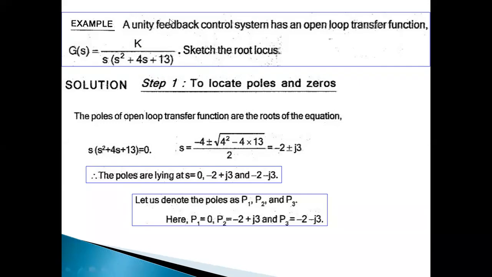Once we get the open loop poles and zeros, we move to the second step. I think you can easily understand this first step: simply taking the transfer function and finding the roots of the denominator polynomial.